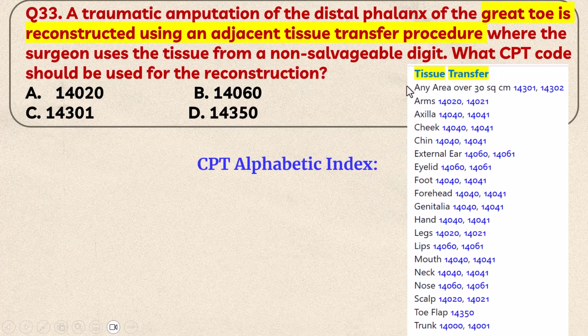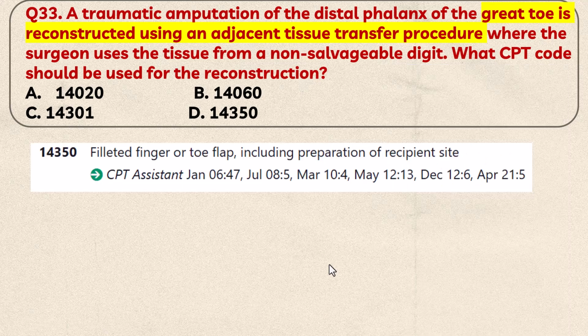When you go to the CPT alphabetic index under tissue transfer, you can go to the subanatomic term toe flap, that is 14350. Let's go back to the tabular list and confirm the answer. Code 14350 is filleted finger or toe flap, including preparation of the recipient site. So the correct answer will be answer D.